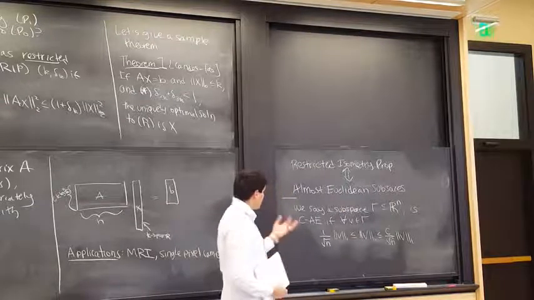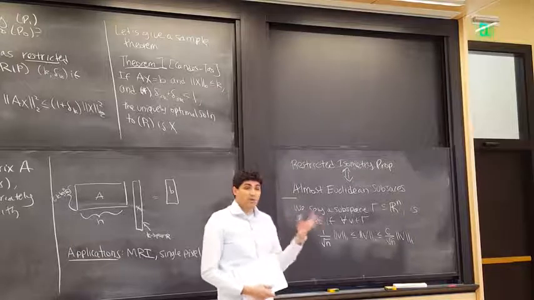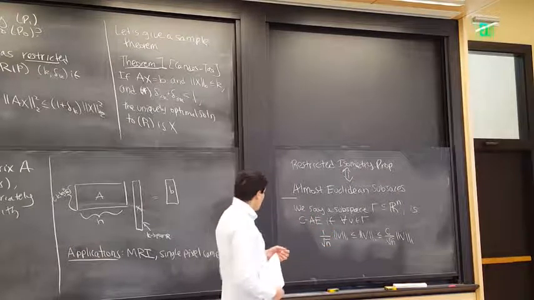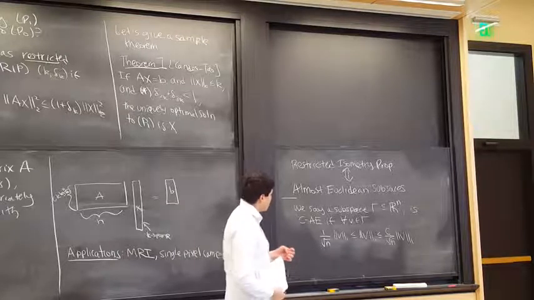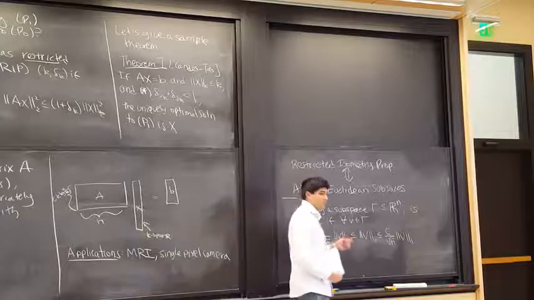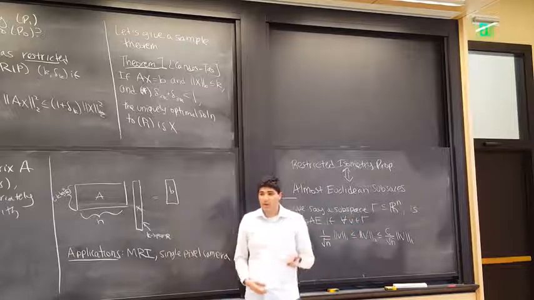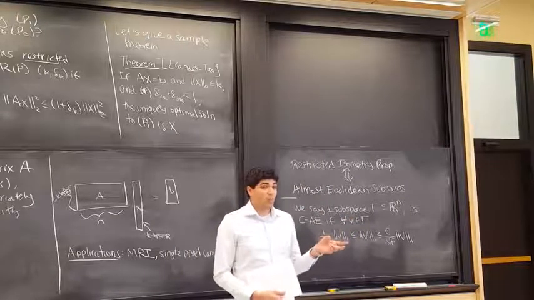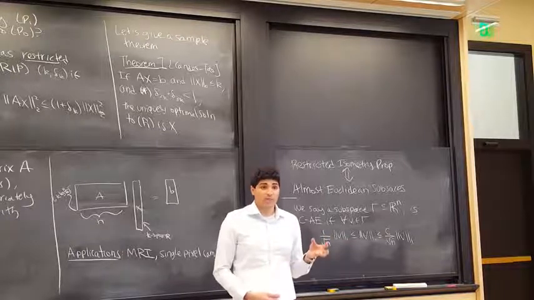The L1 and L2 norms can be wildly different. If we think about a vector V that has 1 over root n everywhere, it has 2 norm 1, but its L1 norm is as large as root n.